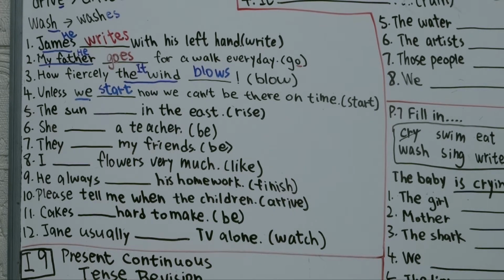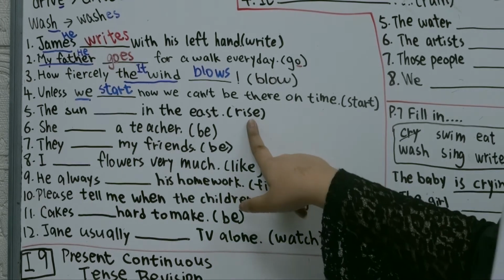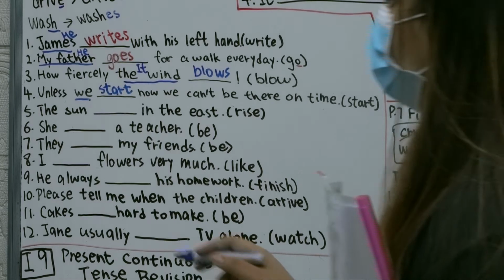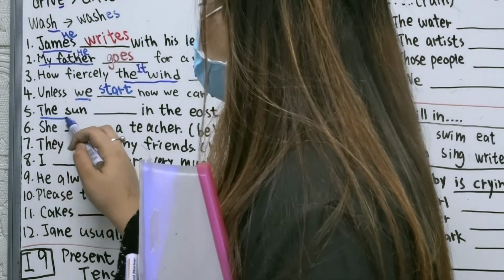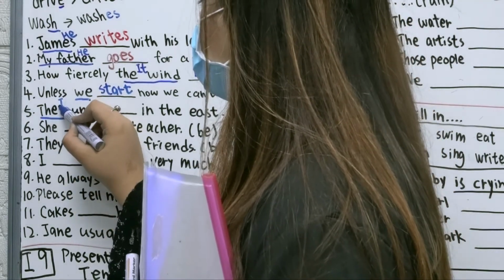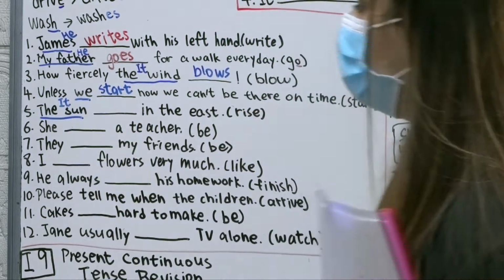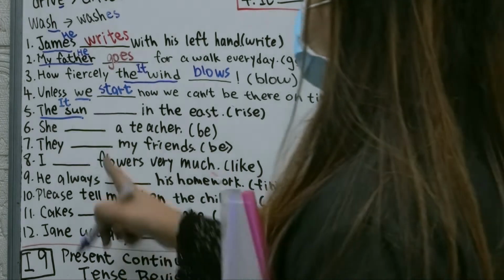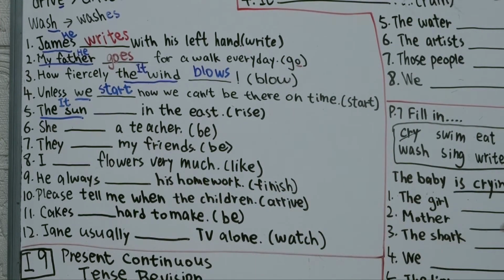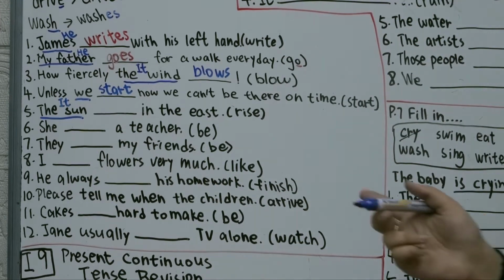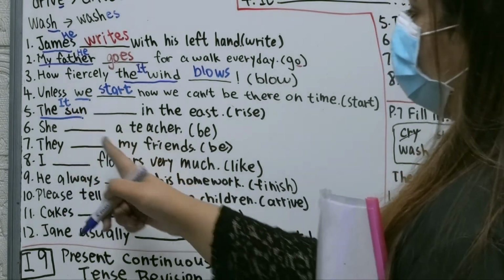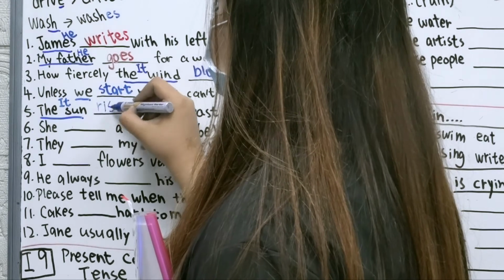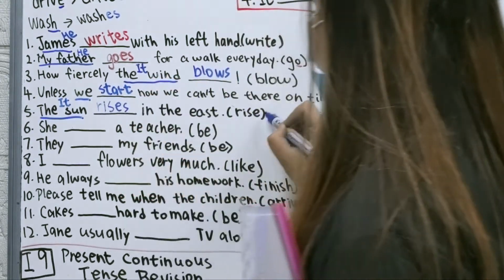How to read this word? Rise, right? Because the sun is it. The subject we use for the sun is it. We use it for the sun, so that's why we have to change the verb. Rise becomes rises. Ends with E.